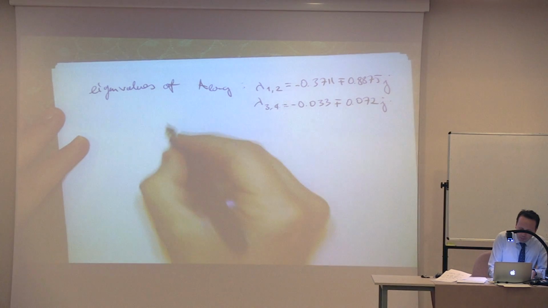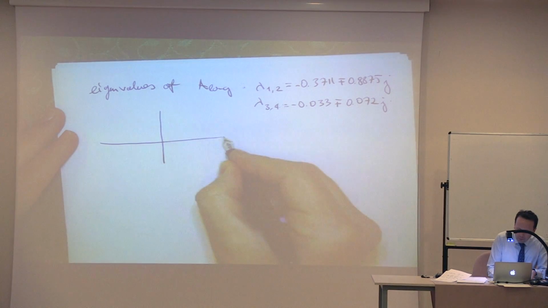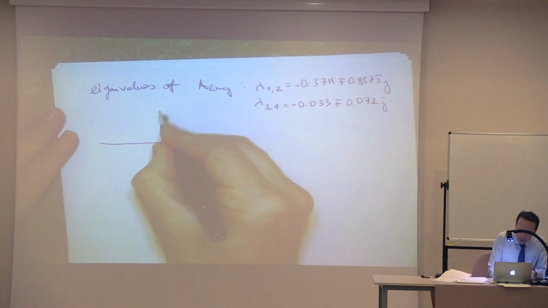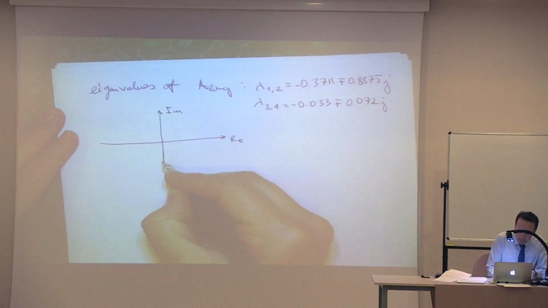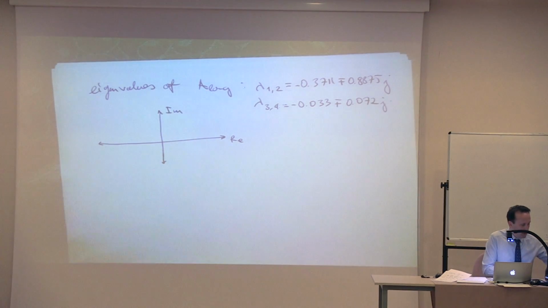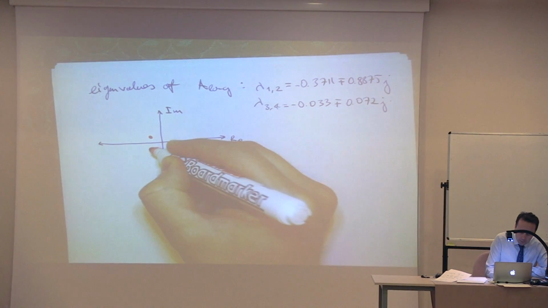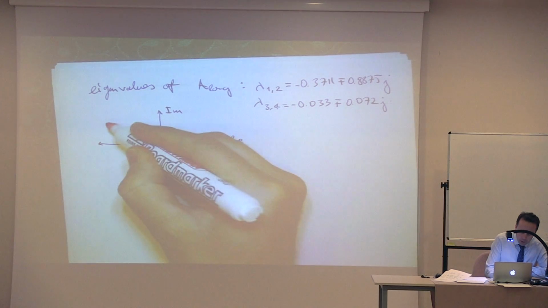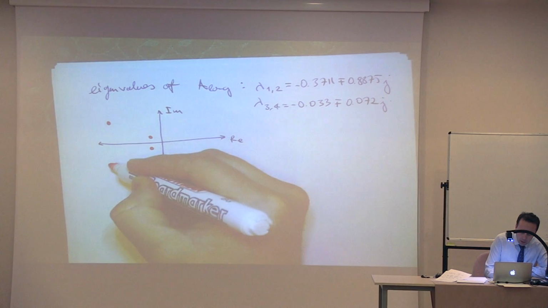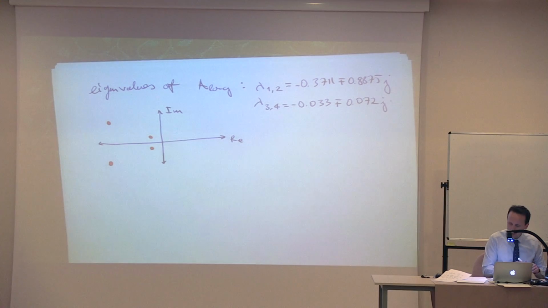So if you look in the complex plane, we have the real part and the imaginary part, right? And we found really two complex conjugate pairs. One of them is here, and the other two are here and here, okay?